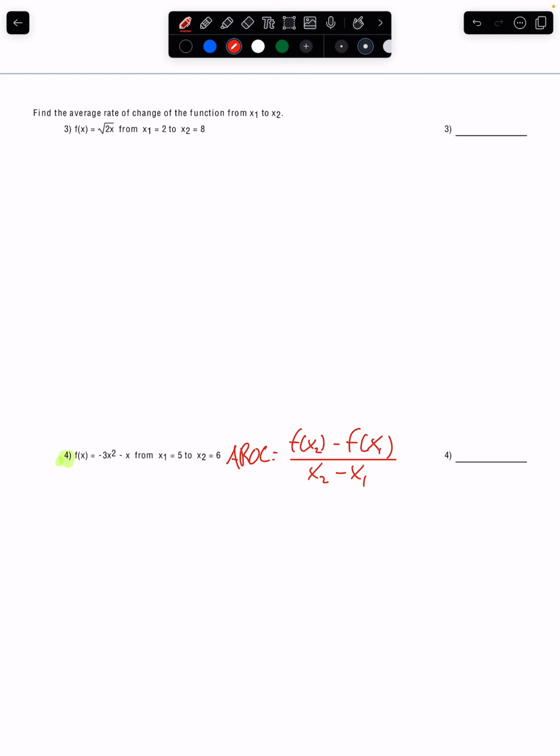And that f of x sub 1, f of x sub 2 is just going to be the different equations in this case. So for example, we can call this f of x sub 1. No, not that, that's f of x sub 1. We're given the points x sub 1, x sub 2, so we're going to plug those in f of x.